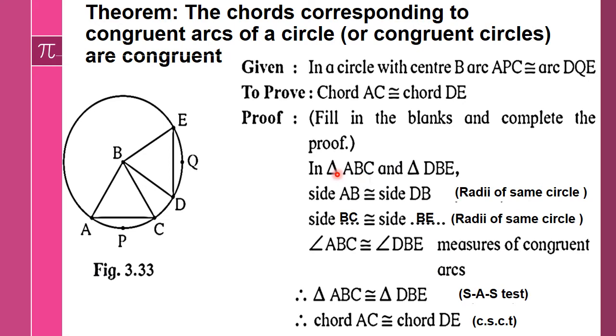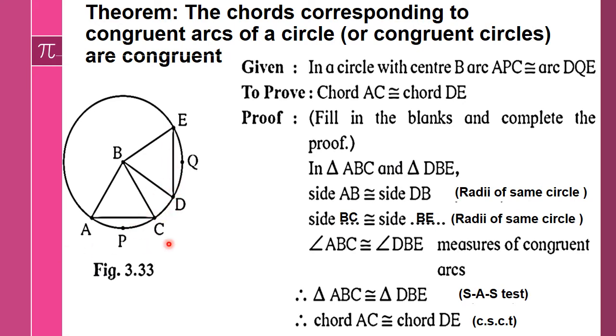That means these two triangles that we have considered are congruent by the SAS test, that is, two pairs of sides and one pair of included angles are congruent. Once we prove that these two triangles are congruent, the third side is also congruent to the corresponding third side of the other triangle. So side AC is congruent to side DE.